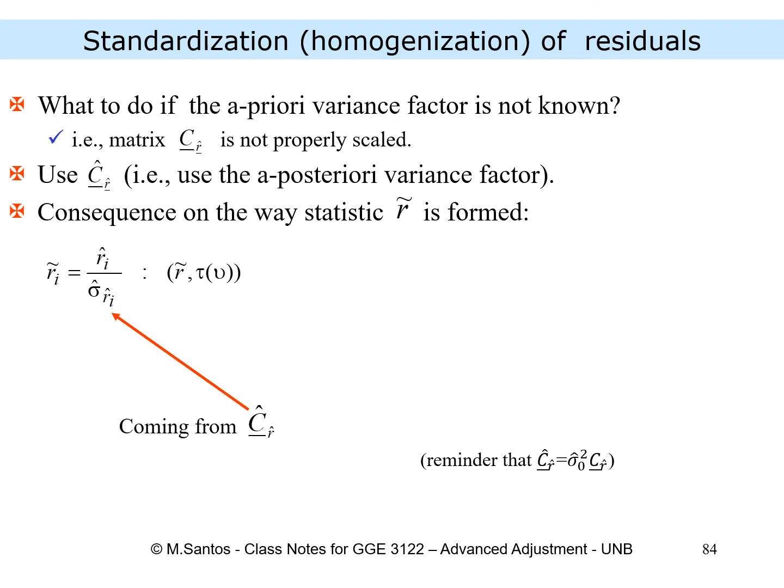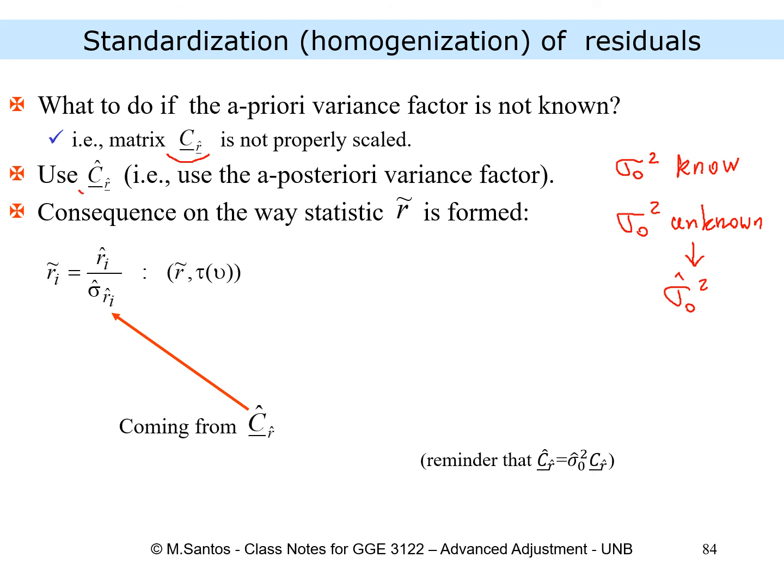But remember, in these multivariate tests we have two situations. We either know the a priori variance factor or we don't. If we don't know it, we are going to use the a posteriori variance factor. So if the a priori variance factor is not known, we consider that our matrix C_R hat, the covariance matrix of the estimated residuals, is not properly scaled.